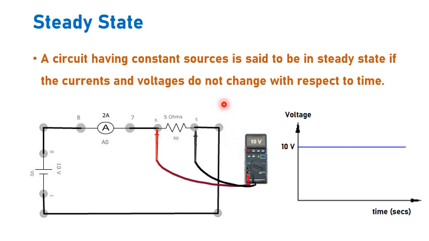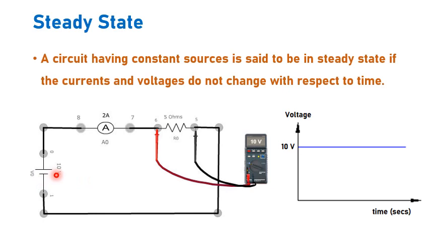Let us discuss some of the definitions. First one, steady state. Consider a circuit in which a voltage source is connected in series with a resistor. This circuit is said to be in steady state when the current and voltages do not change with respect to time.